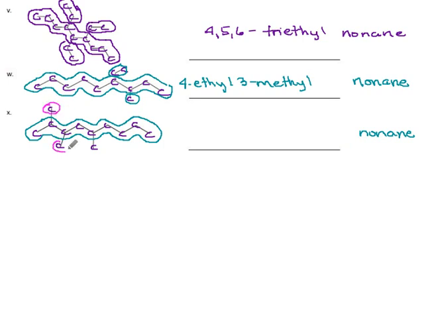A methyl group, another methyl group, and another methyl group. 3 methyls means trimethyl. And what carbons are they on? They're clearly all huddled towards the left end, so I'm going to be counting left to right. It's going to be number 2, number 3, not number 4, and number 5. So 2, 3, 5 trimethyl nonane.